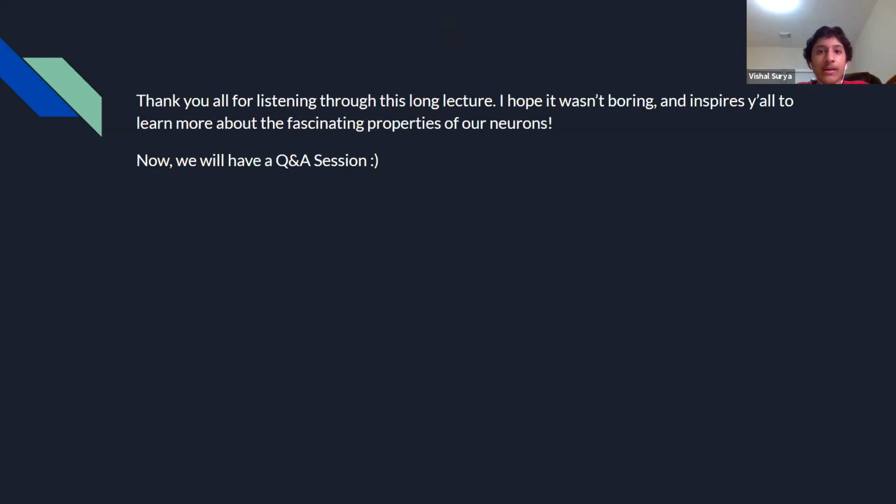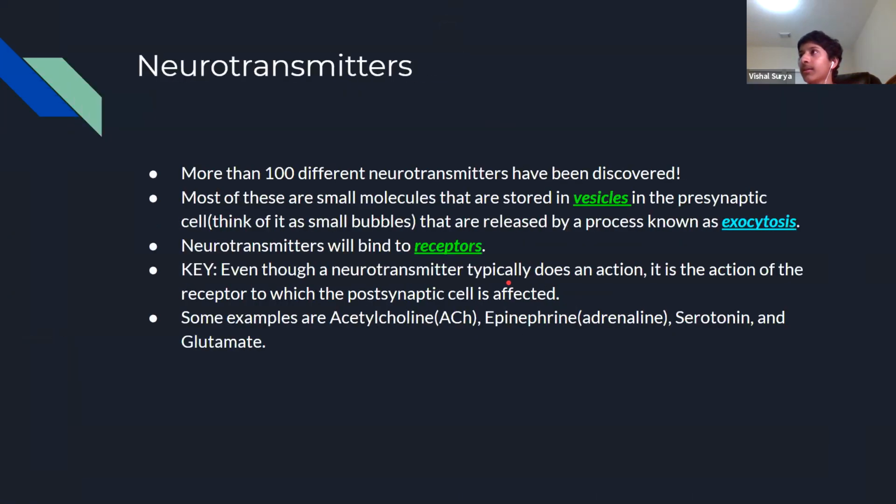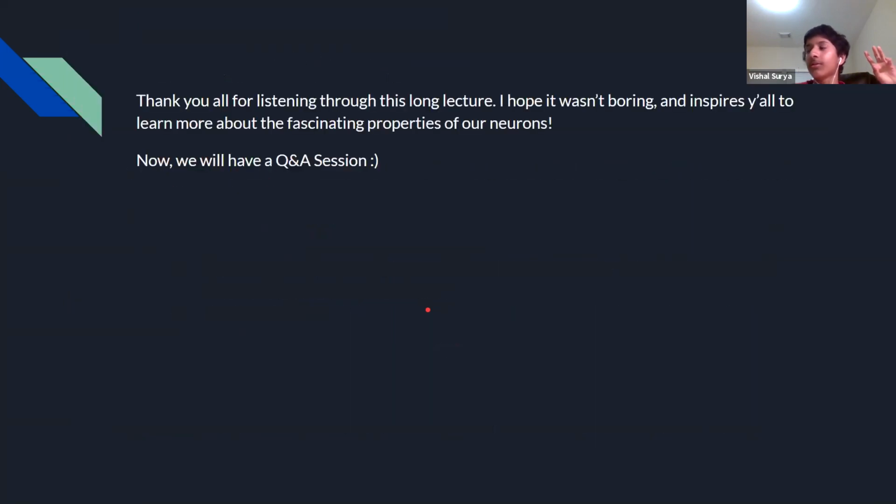How do neurons communicate with each other? Okay, so let me scroll up right here. The neurotransmitters that are released go bind to the actual receptors. When they bind to the receptors, they cause a different effect in the next neuron, the postsynaptic neuron.